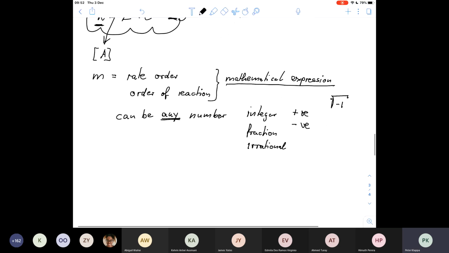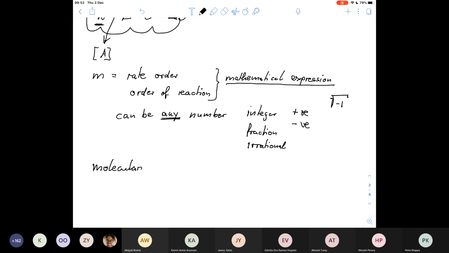In contrast to m, we have what is called the molecularity of a reaction.